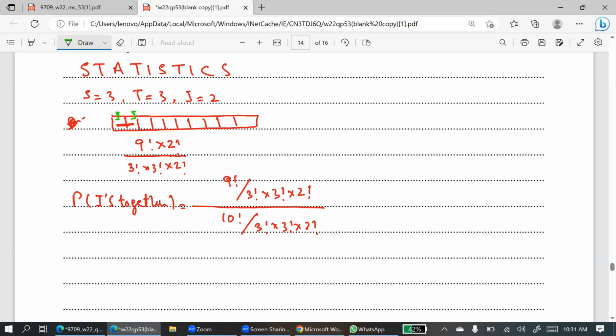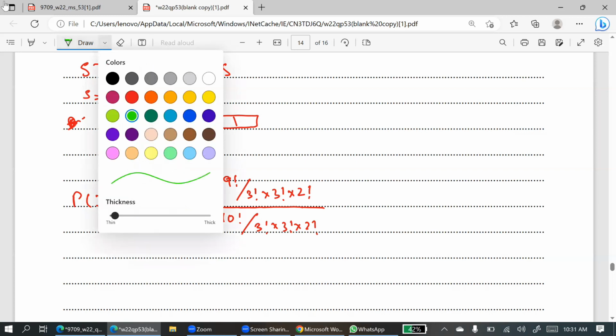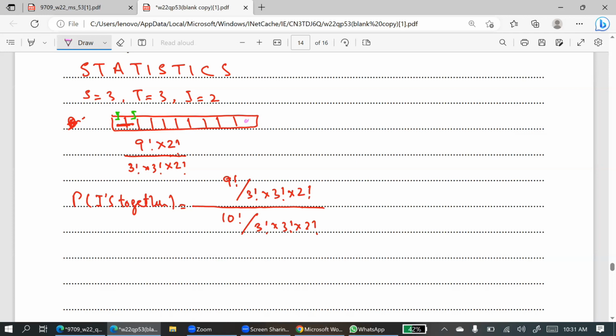How did 9 factorial come, son? 1 2 3 4 5 6 7 8 and this one is the combined box, the ninth box. 8 single boxes and 1 combined box is equal to 9 boxes. So 9 factorial for 9 boxes and 2 factorial for 2 I's. That is the arrangement within the combined box. Okay sir. Should we move on?